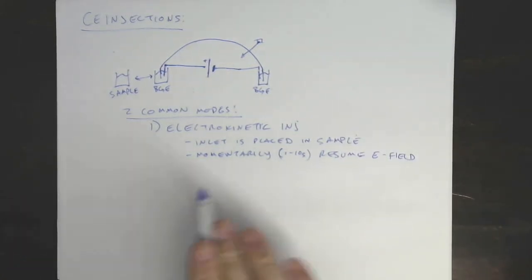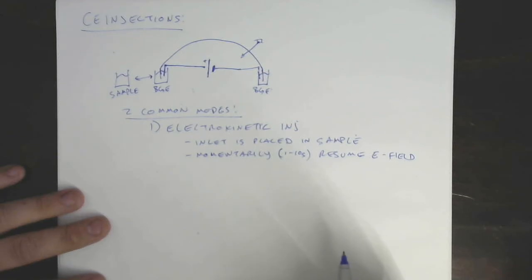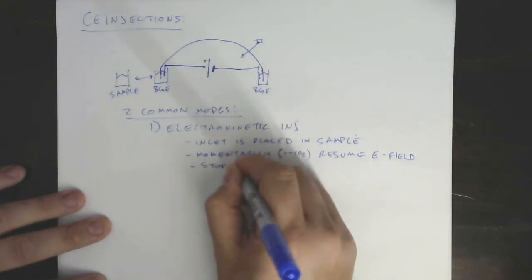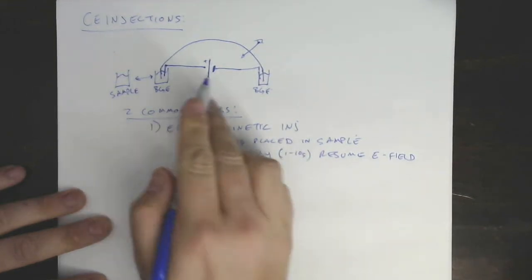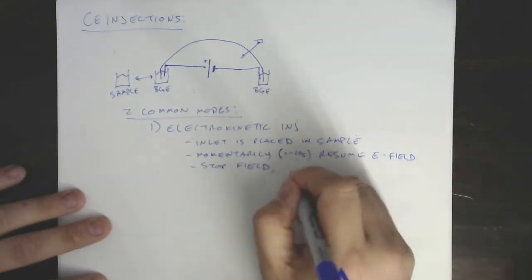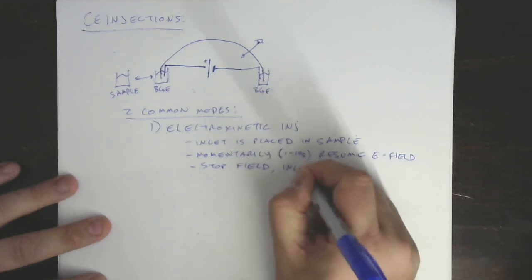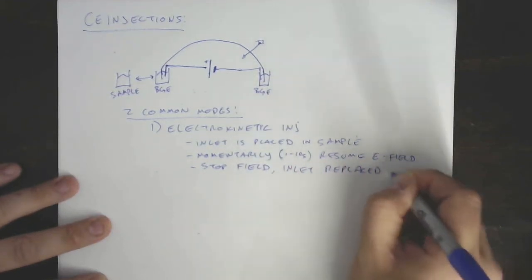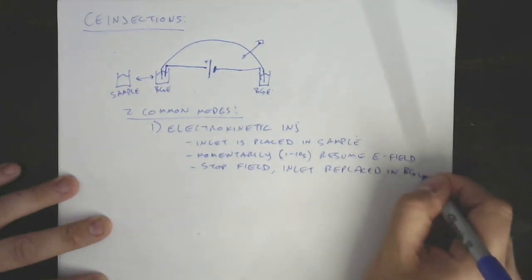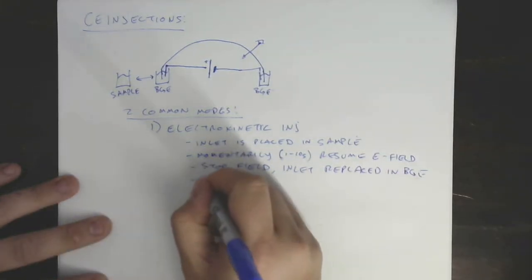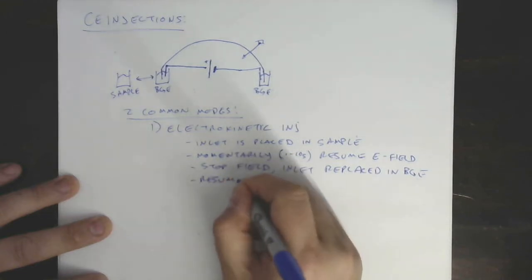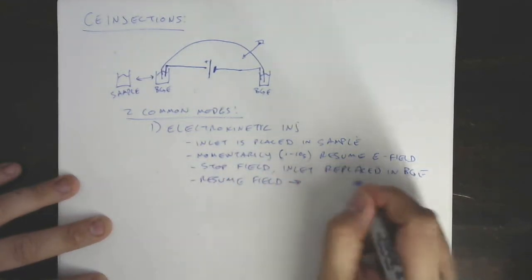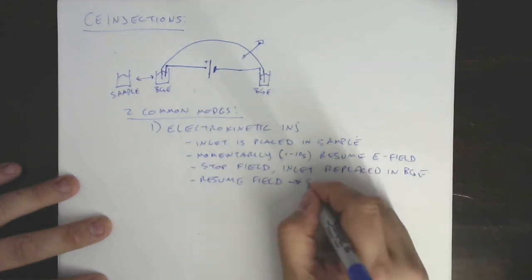And once we've done that for 10 seconds or so, we'll stop the E field, we'll stop applying voltage so that we can replace the inlet in background electrolyte. And then we resume field application, the voltage application, and the separation happens.